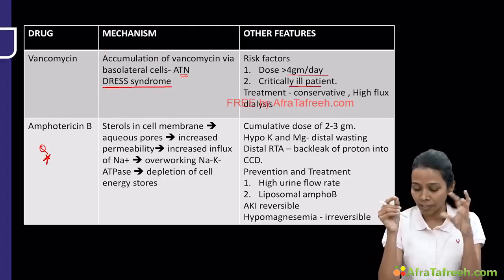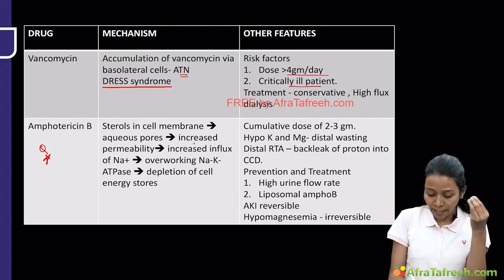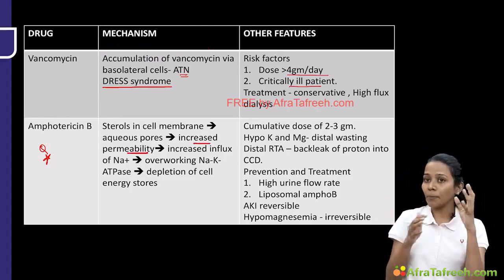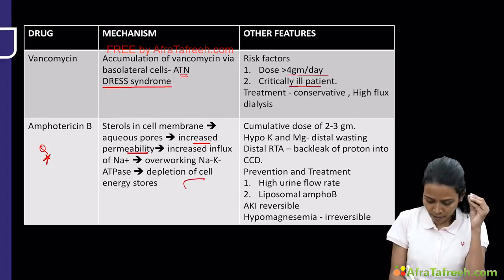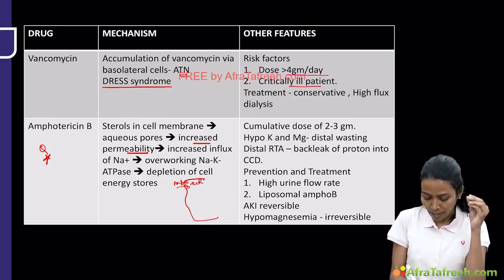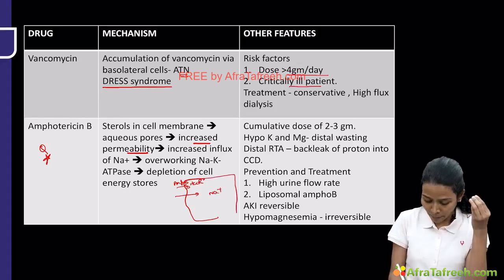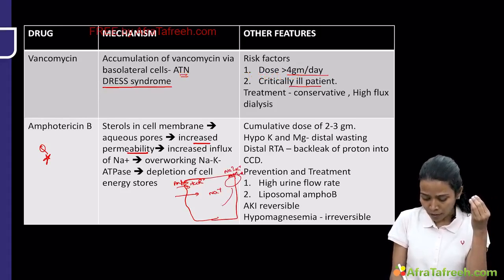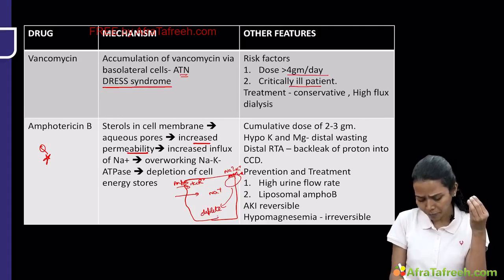So it binds to the sterols in the cell membrane also, and it increases its permeability, including the permeability of sodium. And once sodium permeability is increased, what happens? The sodium potassium ATPase is going to get overworked. All this overwork is going to deplete the energy stores, and the cell is going to go to apoptosis. So this is what happens.